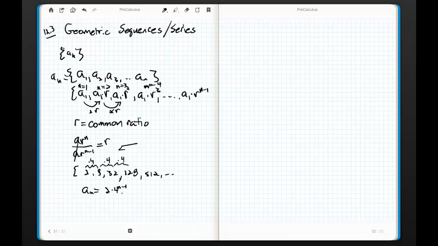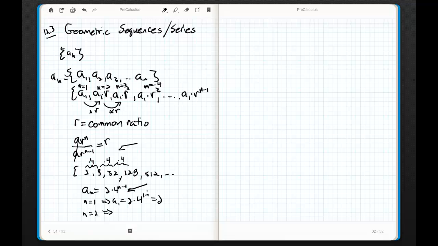Does that always work? Well, think about it. When n equals 1, A sub 1 is equal to 2 times 4 to the 1 minus 1, affectionately known as 0, and anything to the 0 except 0 is 1, and I get my first term. When n equals 2, I always tell my students, if you think that this rule is wrong, then check it.